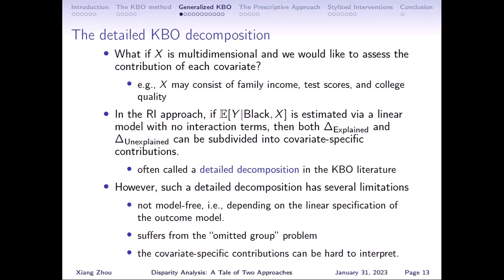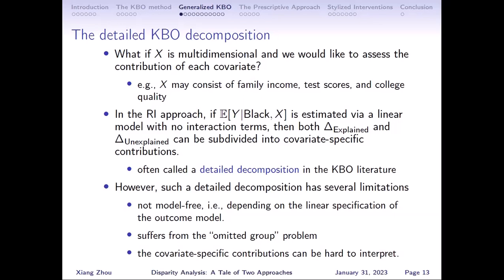And a more subtle, but in my view, more important point here is the covariate specific contributions from the detailed decomposition can be really hard to interpret. This is especially true if the covariates are somewhat causally related or causally ordered. In our example, we could reasonably expect family income, like fathers' education or other indicators of family SES, to be causally prior to test scores, and test scores to be causally prior to the kind of college the students attend, right?